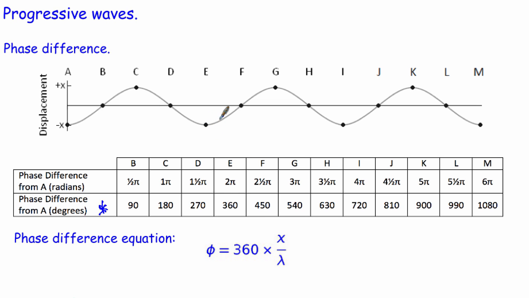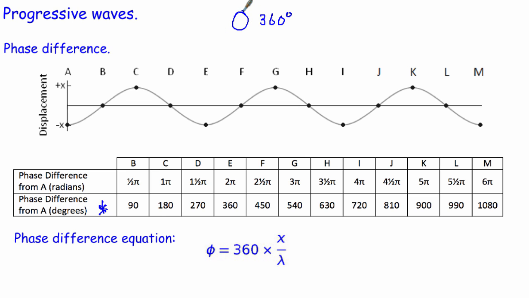Now, what we're going to do is think about what happens in a circle, because waves and circles are linked a lot, really. And in a circle, we have 360 degrees. So if we start here and we go 360 degrees around, we get back to where we started from.